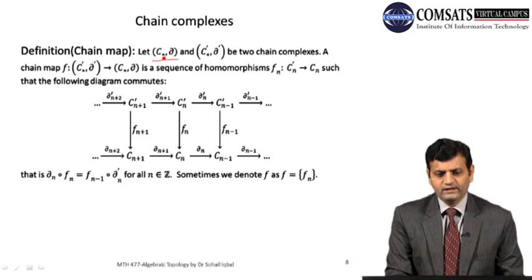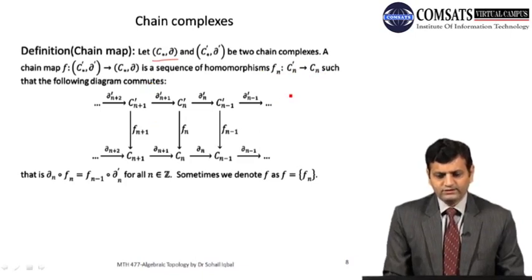So when we are defining a homomorphism or a map between two chain complexes, I need to define the maps between the corresponding objects, so basically Cn prime to Cn, that is how it maps elements from Cn prime to Cn, such that the following diagram commutes.